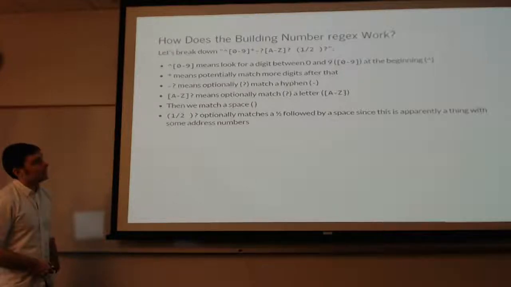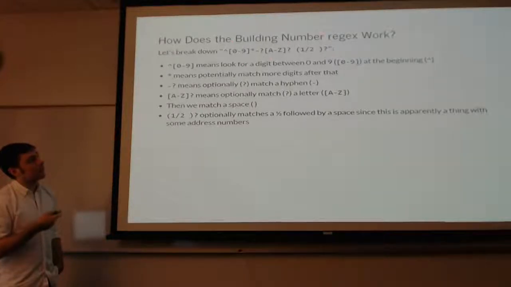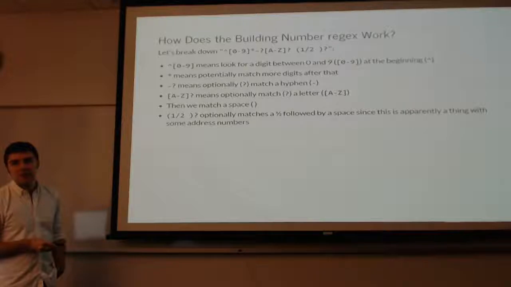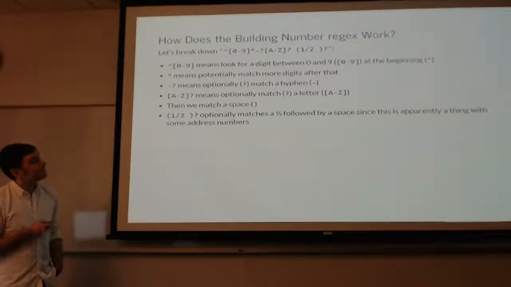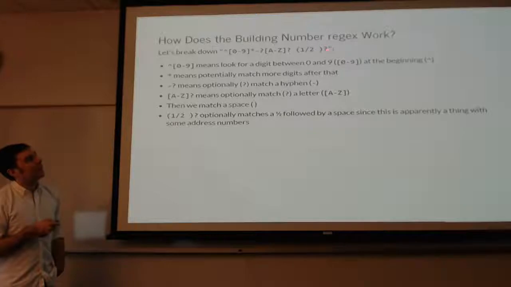Now, does that make sense, what's going on here? Any questions about that? There's a lot of operations going on at once. Why would the question mark be after the parentheses rather than after 1/2? Because we're saying that this entire thing is optional. If the question mark was there, the space would be optional.